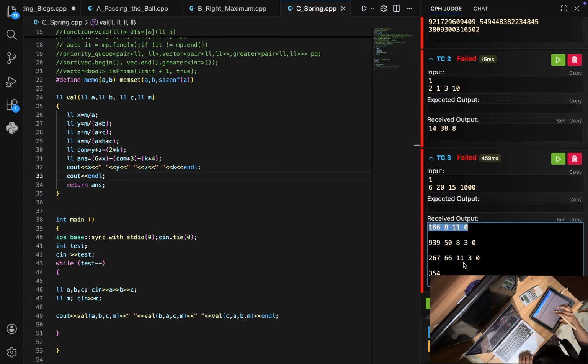So 6 20 11 0, days 1000. 6 20 15. So for 6000 divided by 6, that's 166. Then for AB, 20 into 6, that's 120,000 divided by 120, that's 8.